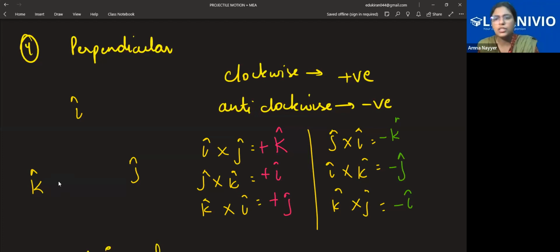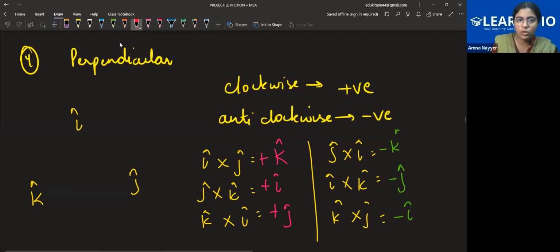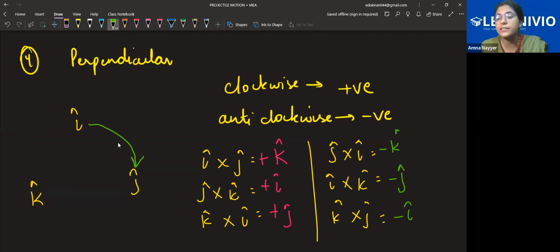Then I will be multiplied to J cap. Let's go in this manner. I getting multiplied to J cap, so this is clockwise. For whichever vectors are involved, the third unit vector will become the perpendicular one.